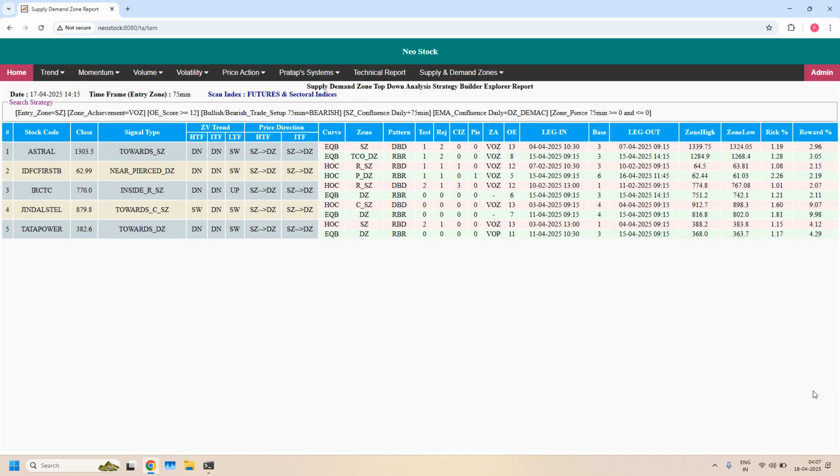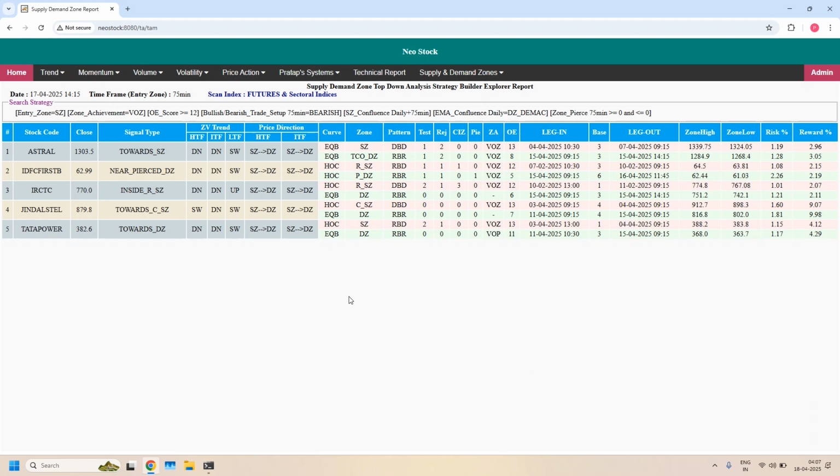Okay, so this is about LTF ITF supply zone confluence and ITF supply zone with ITF EMA confluence. Next we will look into LTF, ITF and even HTF supply zone confluence.